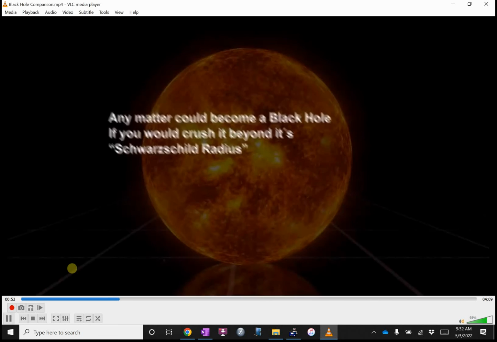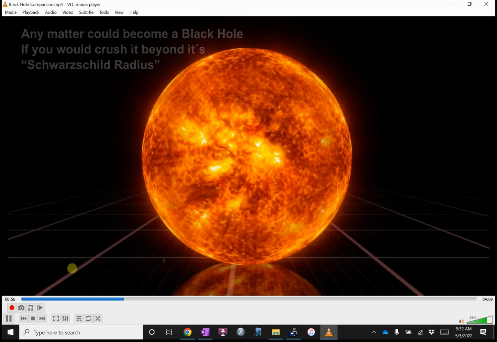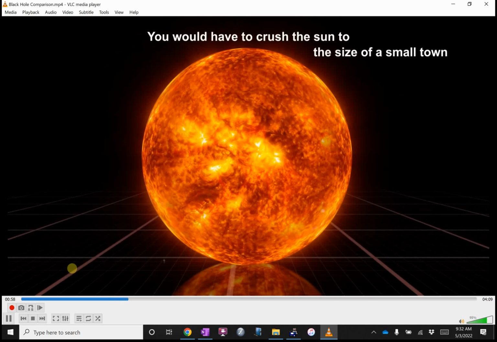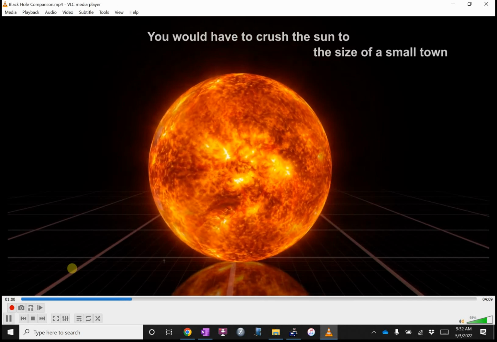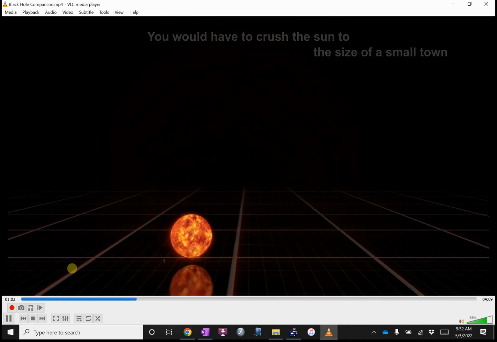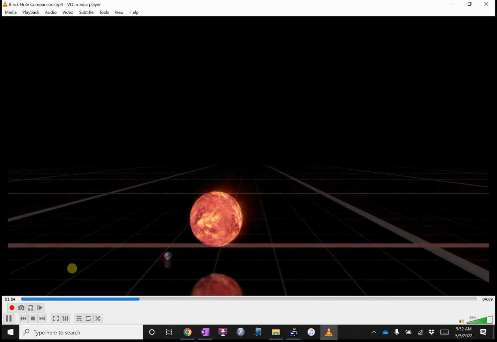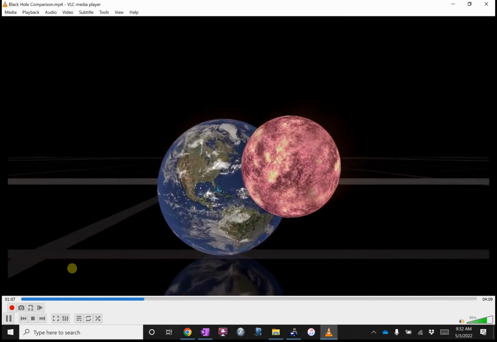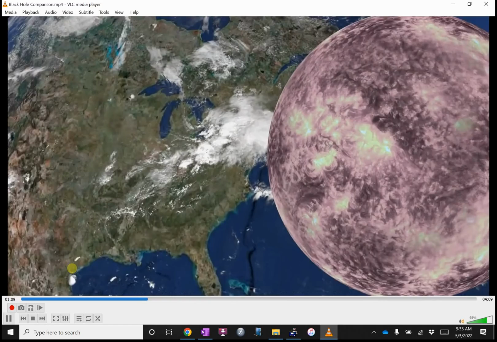Anything can become a black hole if you can crush it down beyond the Schwarzschild radius. So if you crush the sun to the size of a small town, that would be dense enough that at that location the gravitational field escape velocity would require you to go faster than light.